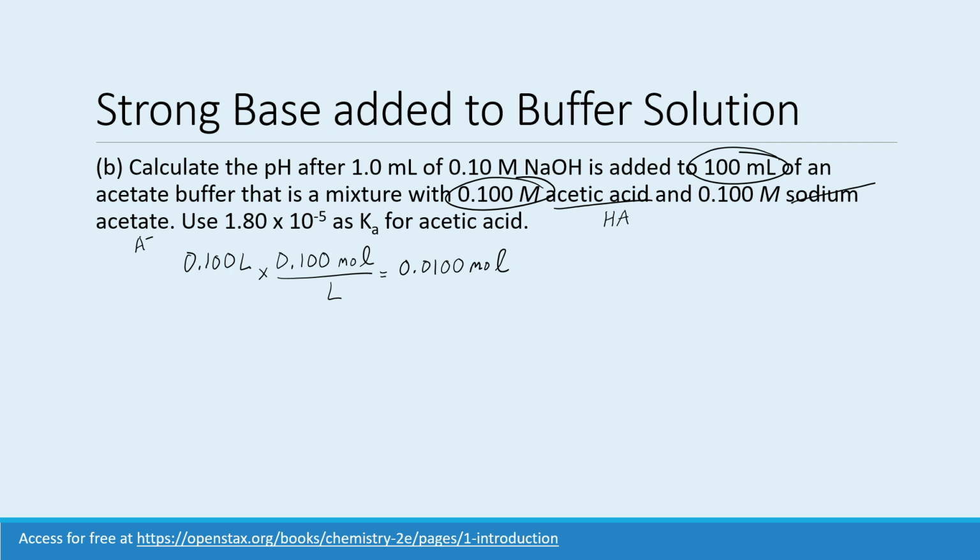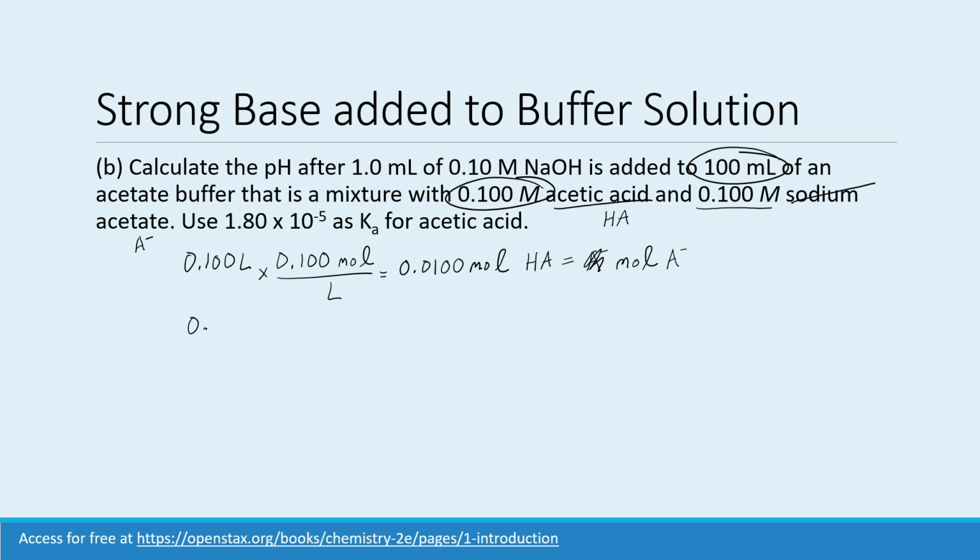And then sodium acetate, of course, the sodium is inert. The acetate is our conjugate base to acetic acid. And so this is moles of the weak acid, but it's also the moles of the weak base because both have the same concentration of 0.1 and 0.1. Okay, so that's also equal to the moles of the weak base.